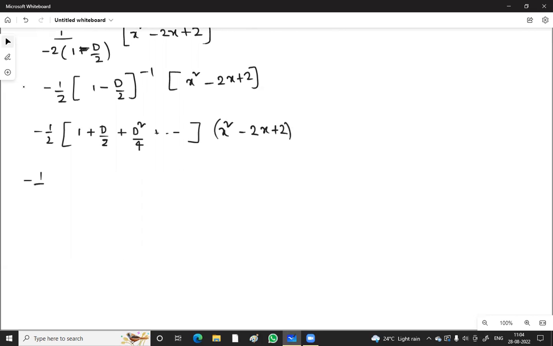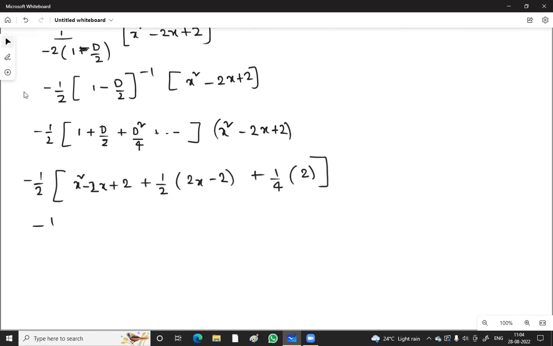So minus 1 by 2 into, if you operate 1 on this, x square minus 2x plus 2, plus D by 2 operating on this: 1 by 2 into differentiation of x square is 2x, differentiation of minus 2x is minus 2, differentiation of 2 is 0, plus 1 by 4 into D square operating on x square gives 2. D square on minus 2x gives 0. All other terms you will get 0.